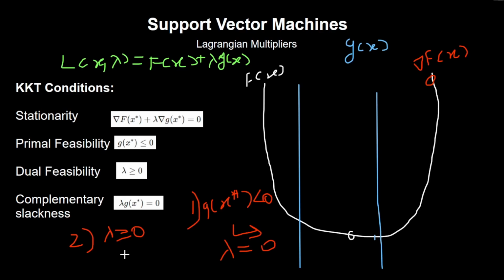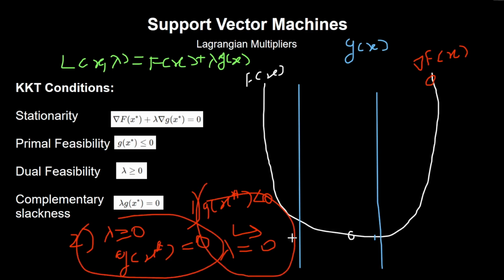If it's touching the wall at that particular moment, the constraint function g of x would be zero. So these two cases ensure the complementary slackness condition of this Lagrangian equation. Only if all these four conditions are satisfied can we find the optimal solution for the Lagrangian equation.